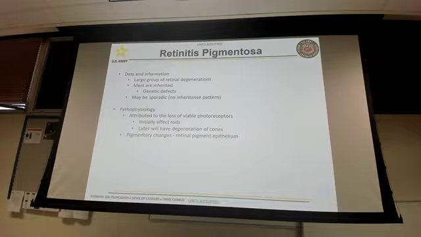Most are inherited, not all. It affects the photoreceptors, but it starts off with affecting your rods. And then over time, it'll affect your cones. And it also causes some pigmentary changes in the retina, especially the retinal pigment epithelium layer.